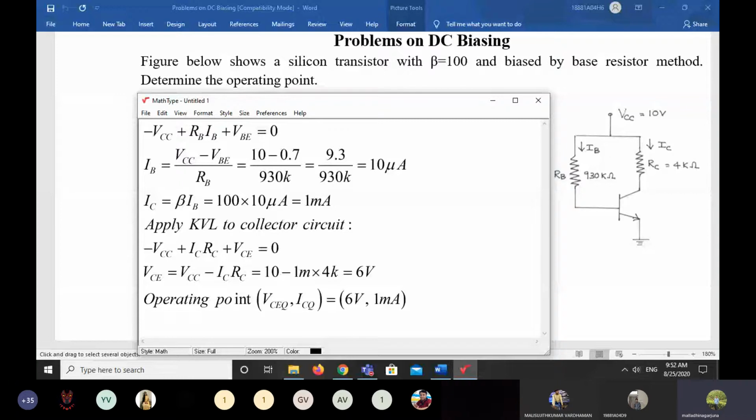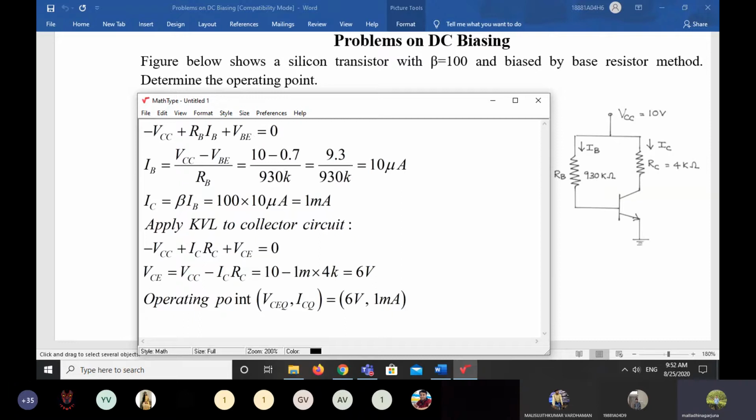The only thing here is that we are applying input KVL and output KVL. From input KVL we calculate the IB current. From that IB we calculate IC using the relation between IB and IC. Then again we apply KVL to the collector circuit, and from that we calculate the output voltage, VCE.